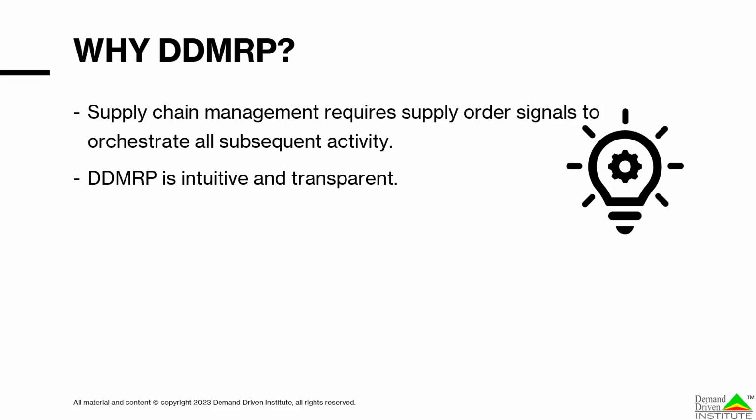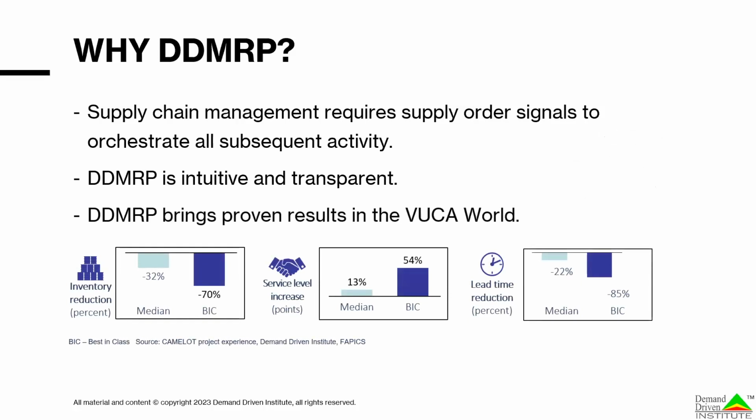Color. It's intuitive for them. Show my kids stuff like this, and they go, yeah, Dad, you just do that, and that, and that. It makes sense. And of course, it brings proven results. We have several PhD theses and research on this. We have a compilation of results here. It works.